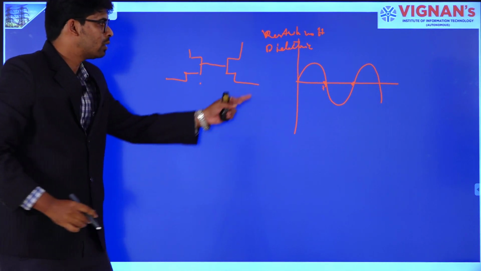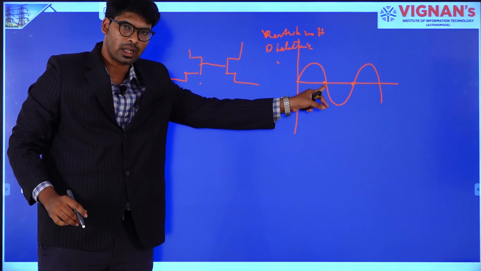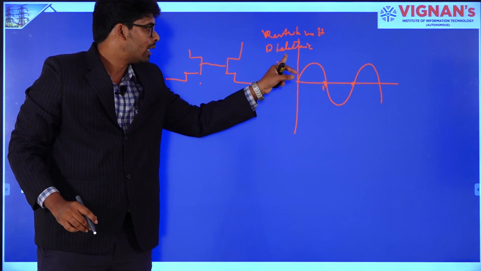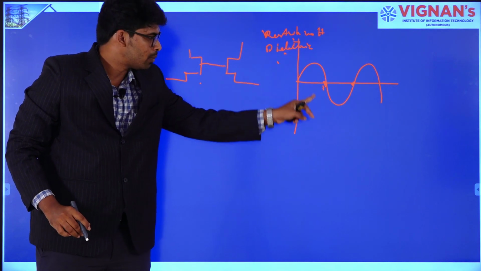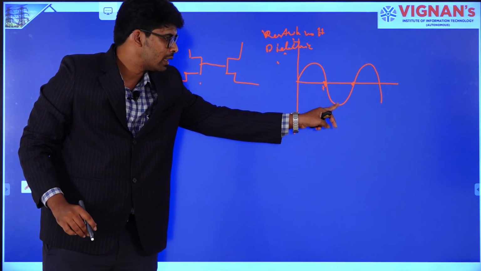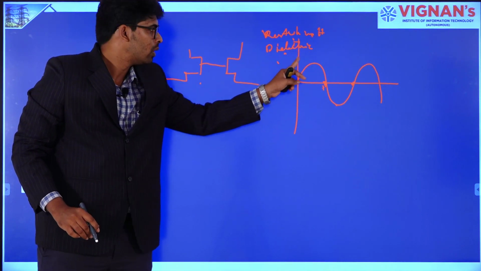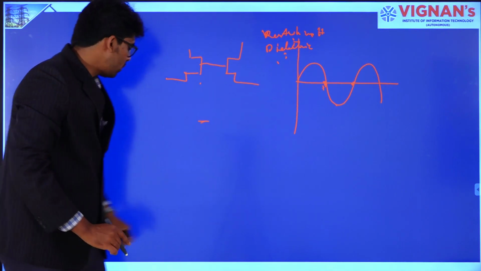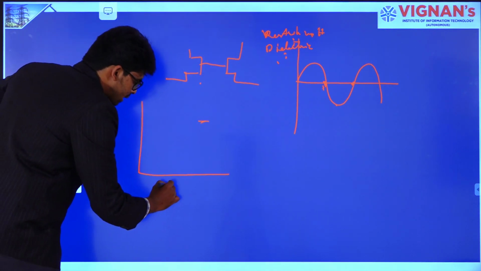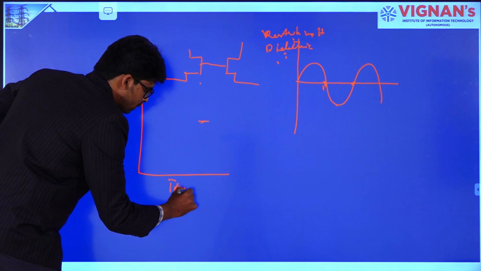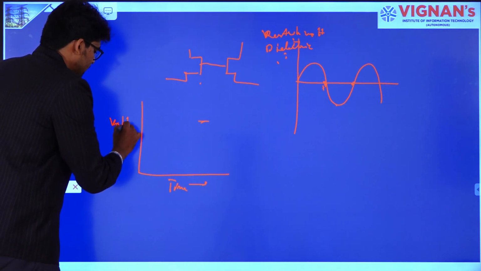If you are ready to interrupt the contacts at this point, the dielectric strength will be high compared to the restriking strength. Suppose you choose this other point, the restriking voltage will be high compared to the dielectric strength. If you go through the curves, say the x-axis I am taking as time, and the y-axis as voltage.